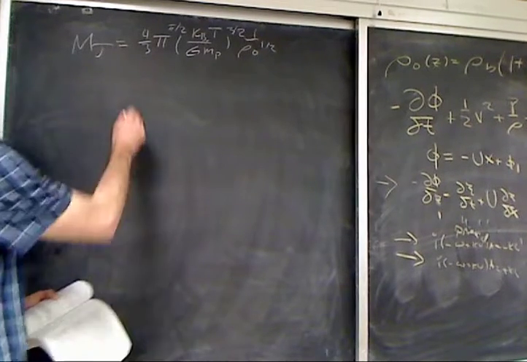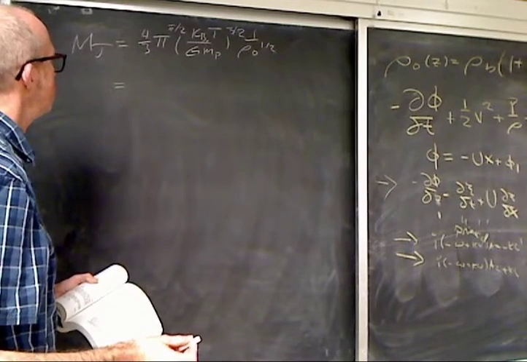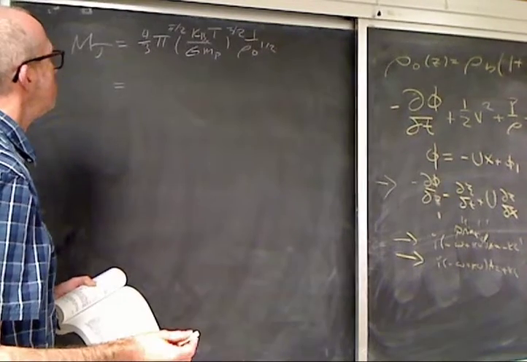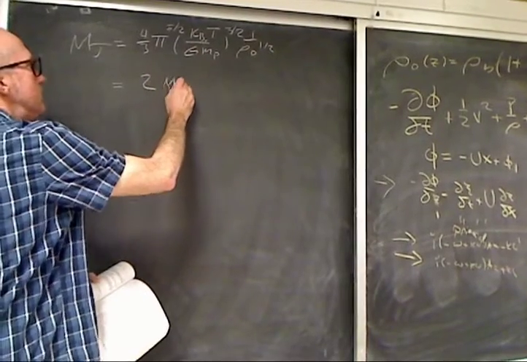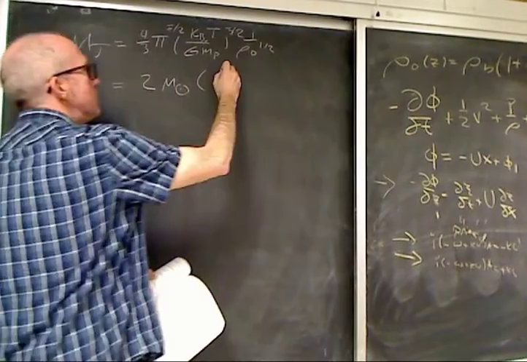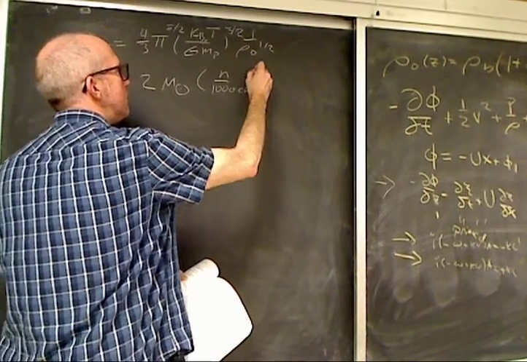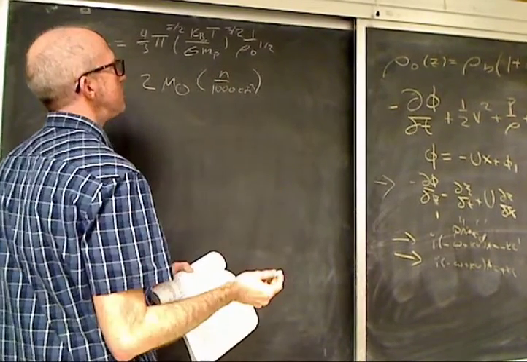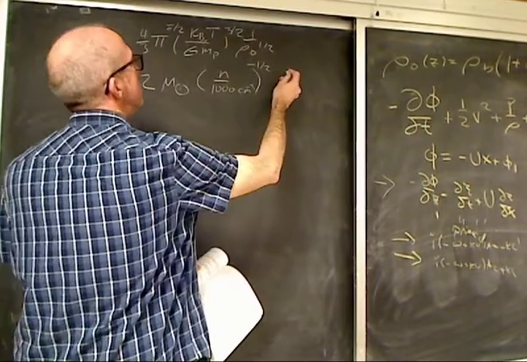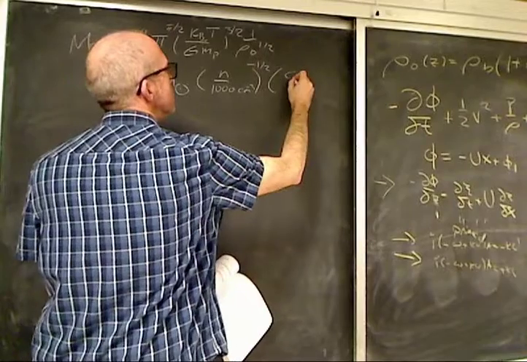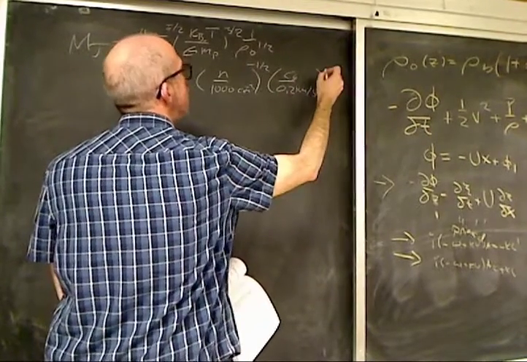Or, if you work out the details, this is about 2 solar masses times the density to the minus 1/2, and the sound speed over 0.2 kilometers per second.